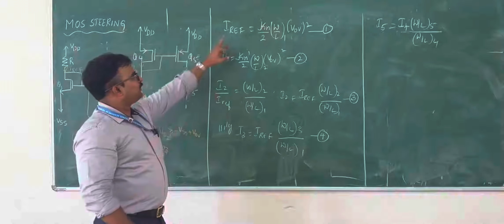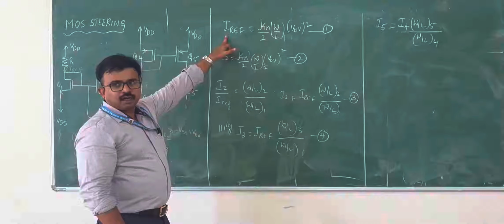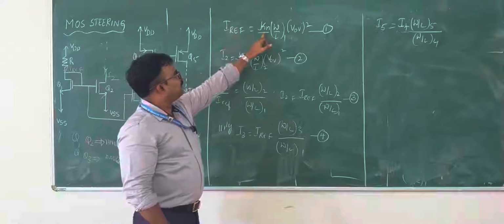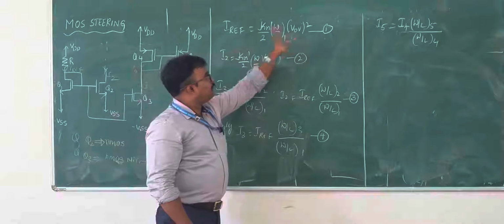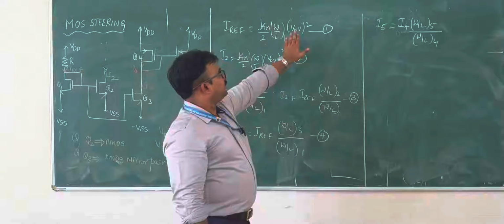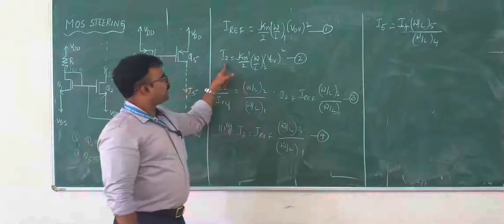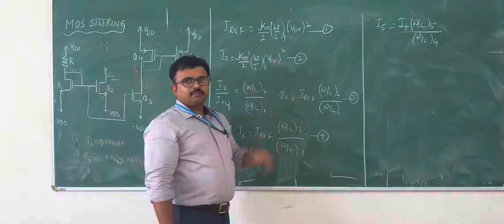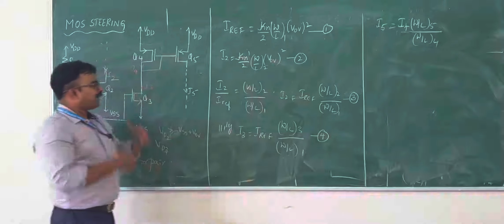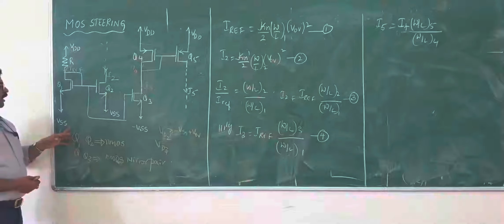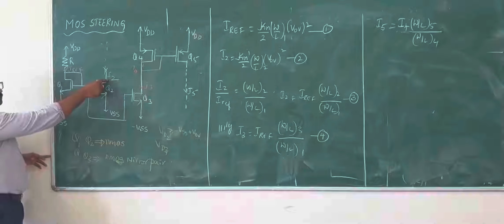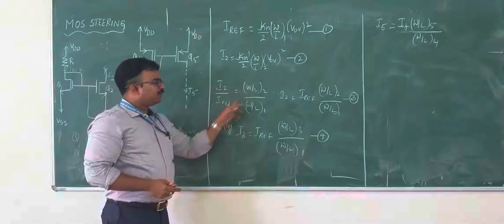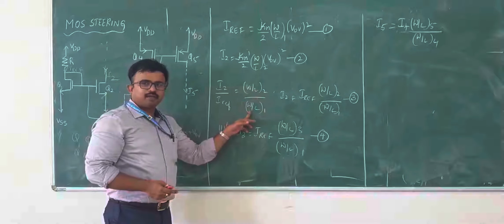Now, to analyze the circuit, in the last class we have seen that when you have a transistor in saturation, I reference is equal to K dash by 2 W by L of 1 into V overdrive square. Let me call that equation 1. The second transistor current is K dash by 2 W by L of 2 into V overdrive square. Let me call it equation 2. Directly with the concept of current mirror, I can write I2 by I reference is nothing but W by L of second divided by W by L of first.